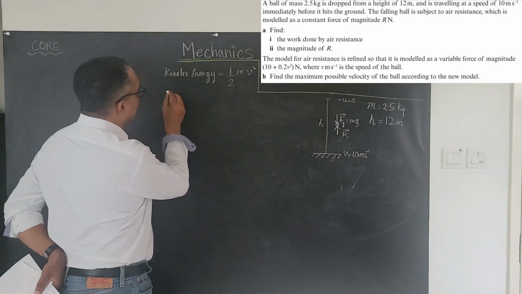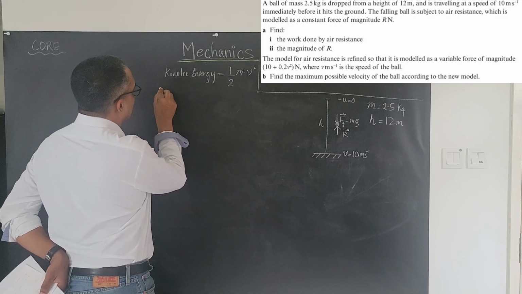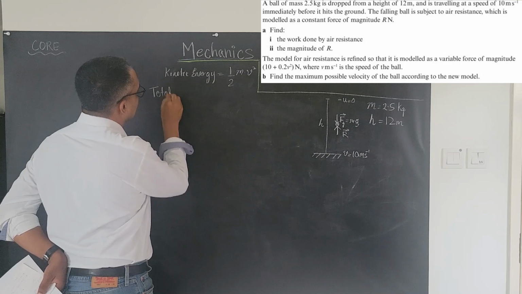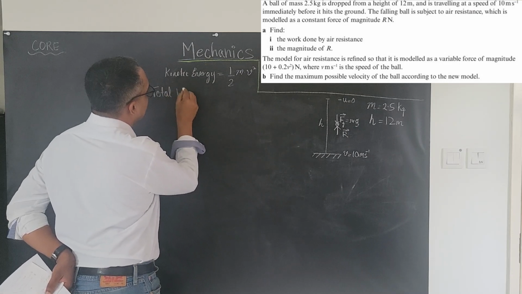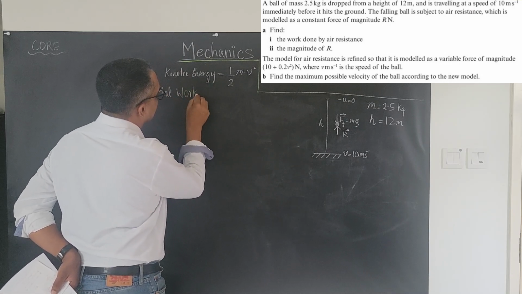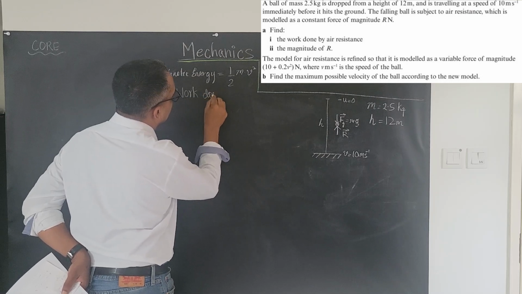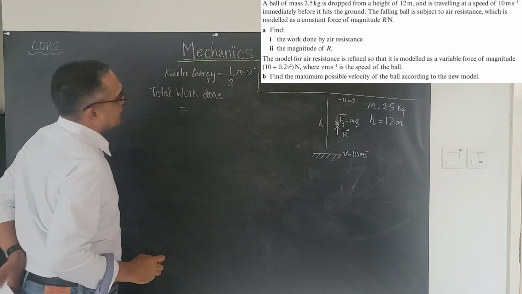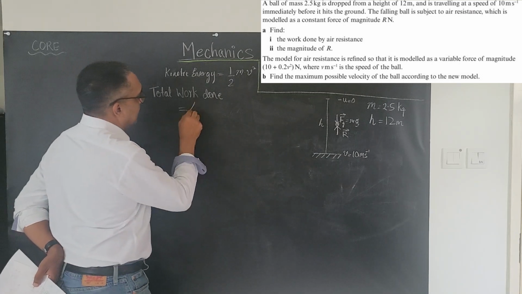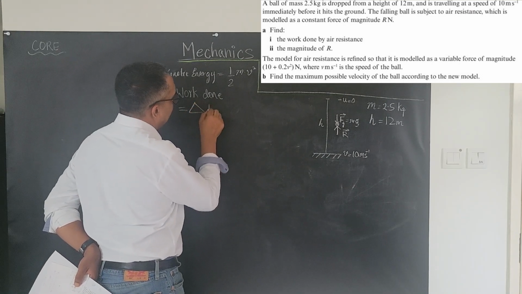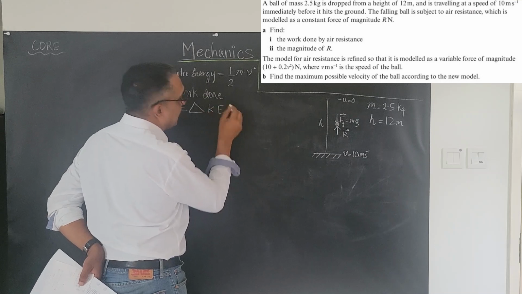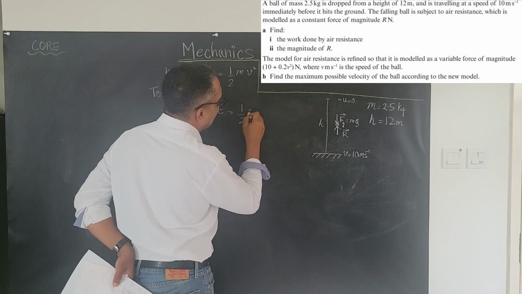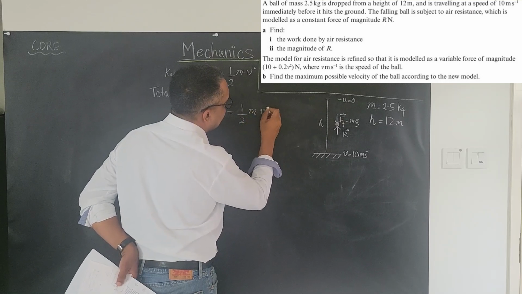And I know that total work done is equal to the change in energy, change in kinetic energy in this case, which is equal to 1/2 mv squared, because that's all that happened, right?